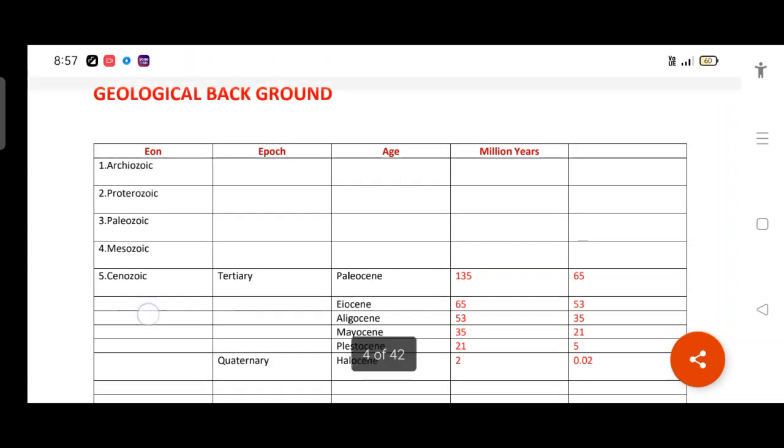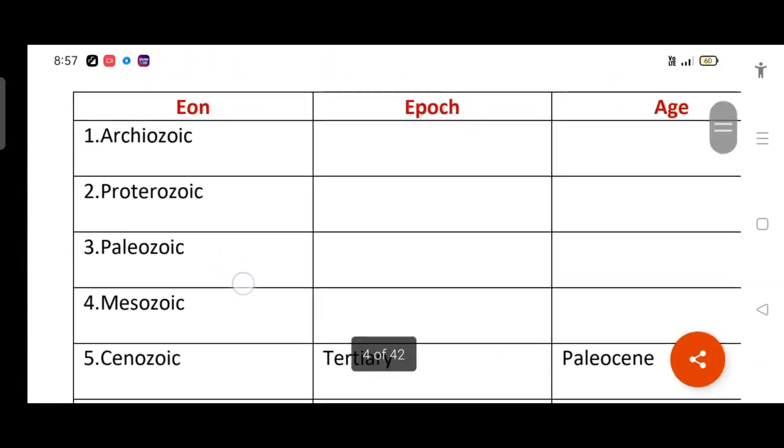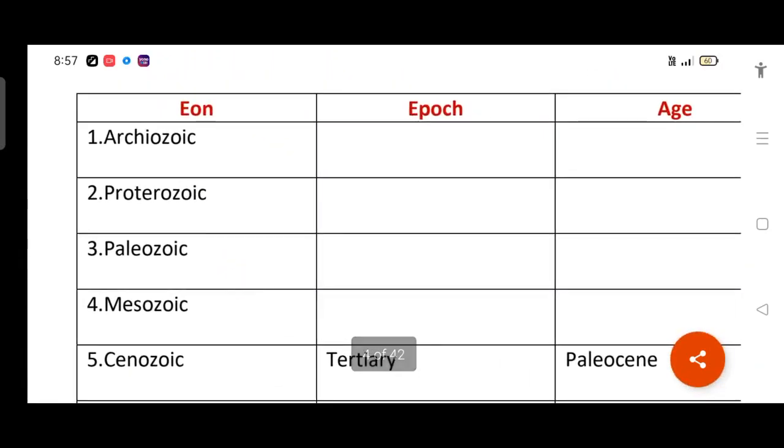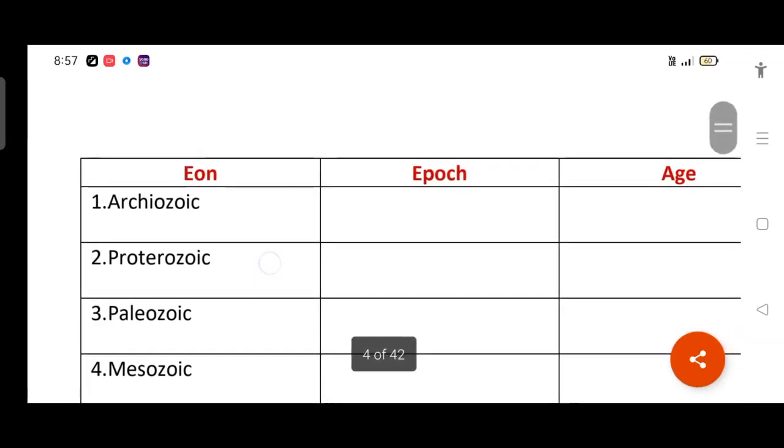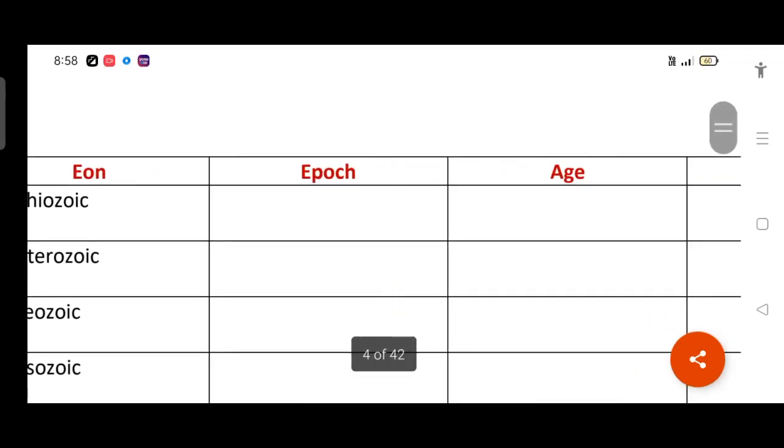According to this classification, the earth is divided into mainly 5 categories. First one Archaeozoic, second Proterozoic, third Paleozoic, fourth Mesozoic, and fifth Cenozoic. And every one is again divided into epochs. Epochs means Mahayugamu, and these are again divided into Yugam and then Kalamu.